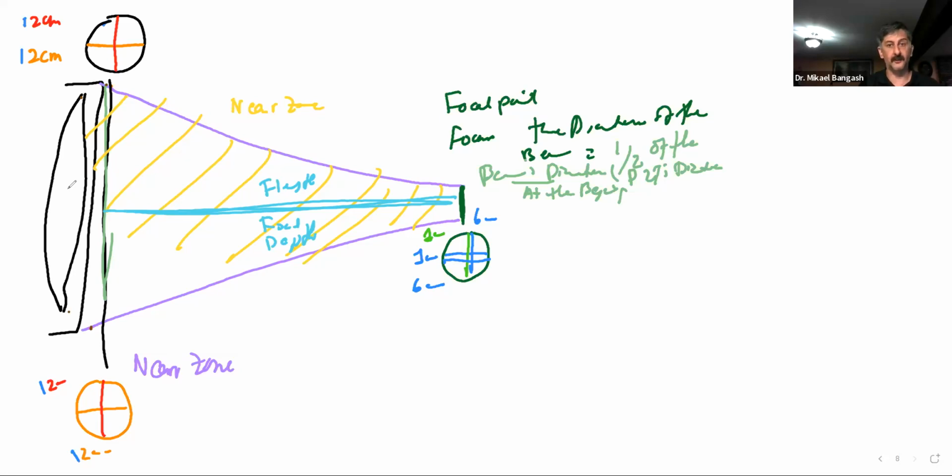So if your diameter was only, say, 6 centimeters, which means 6 centimeters tall and 6 centimeters wide, then the diameter of the beam at the focus will be 3 centimeters tall and 3 centimeters wide.